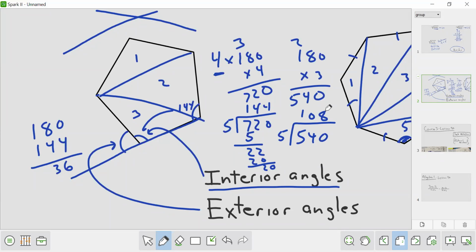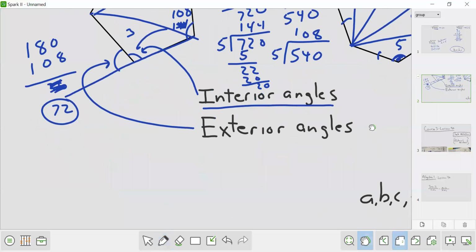So I would need to subtract this 108 here. This is 108, and that's not going to give me 36. It's going to give me 72. Okay, that's your exterior angle. Sorry to confuse you by that.